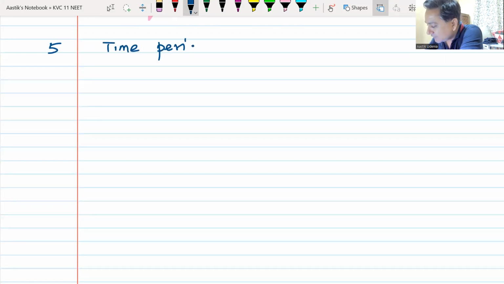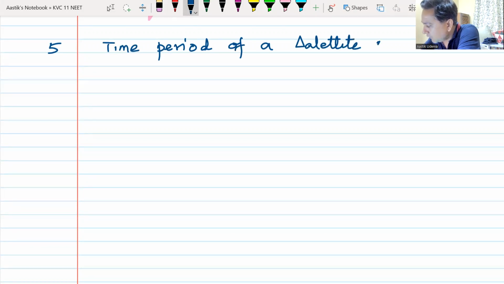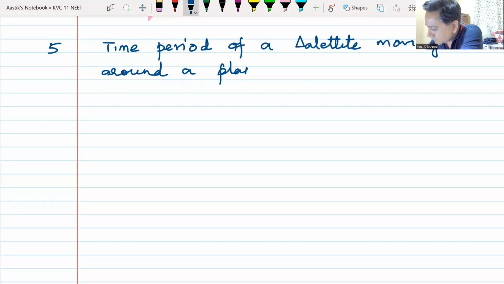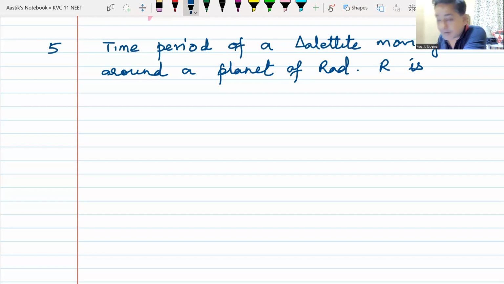Time period of a satellite moving around a planet of radius r is given by which of the following options? The first option is time period is 2 pi root over g by R.